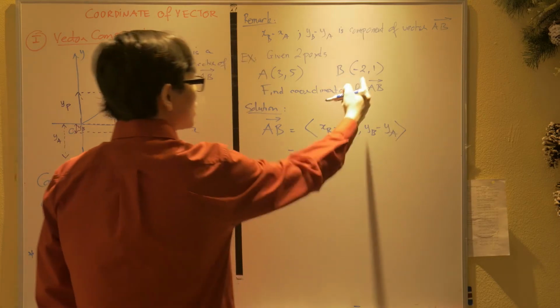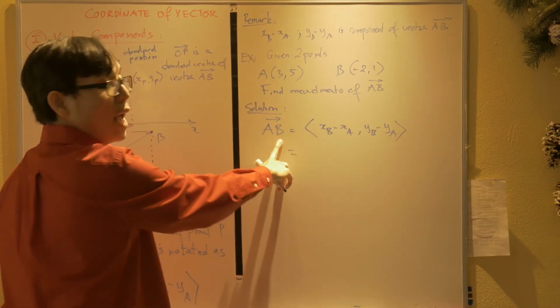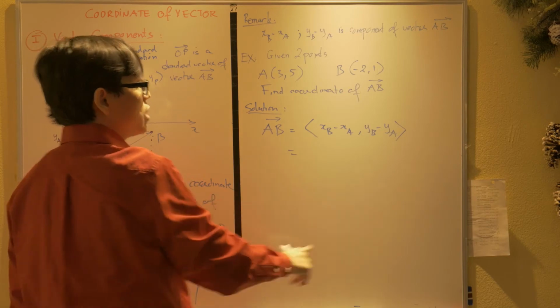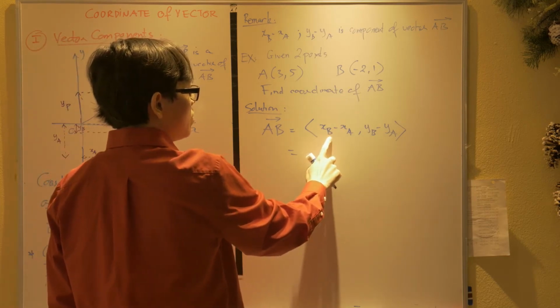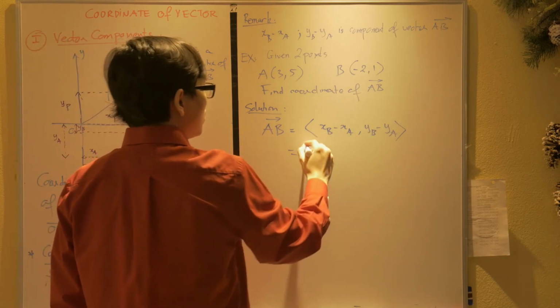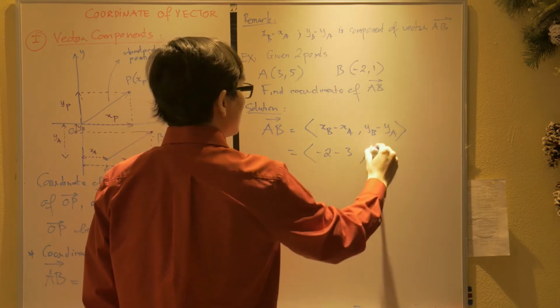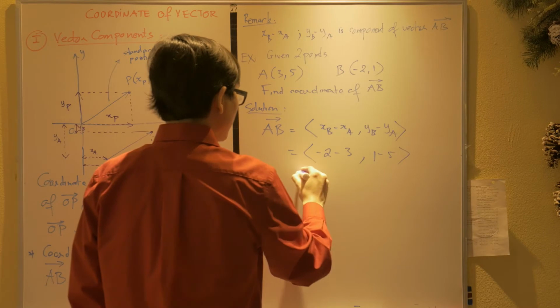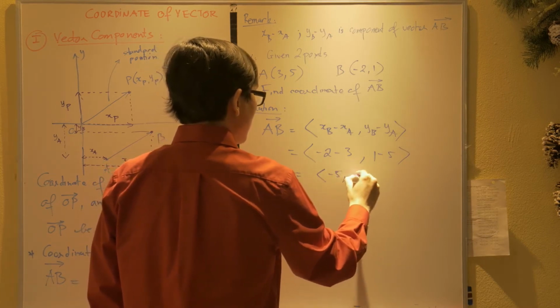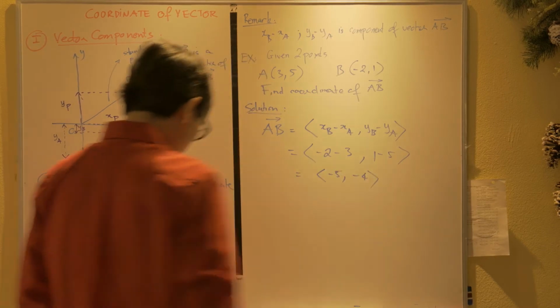Head is B, B minus A, the tail. So it will be -2 minus 3, comma, 1 minus 5. So the coordinate will be -5, -4.